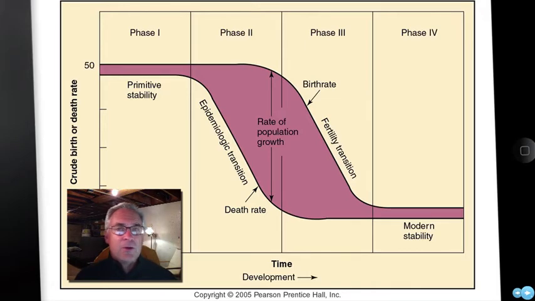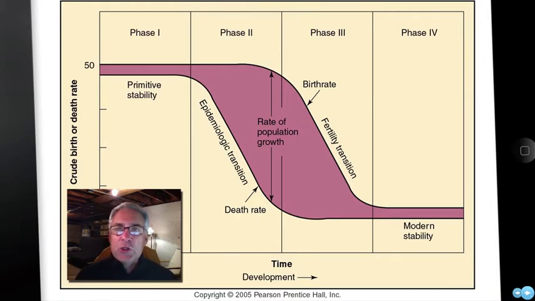Typically, you don't have any health care here. You also have hygiene problems, not a steady, clean drinking supply, and the food supply is also limited as well. And so you don't see a lot of growth in that region, primarily because even though you have a high birth rate, also there's a high death rate that goes along with it, so very little growth.